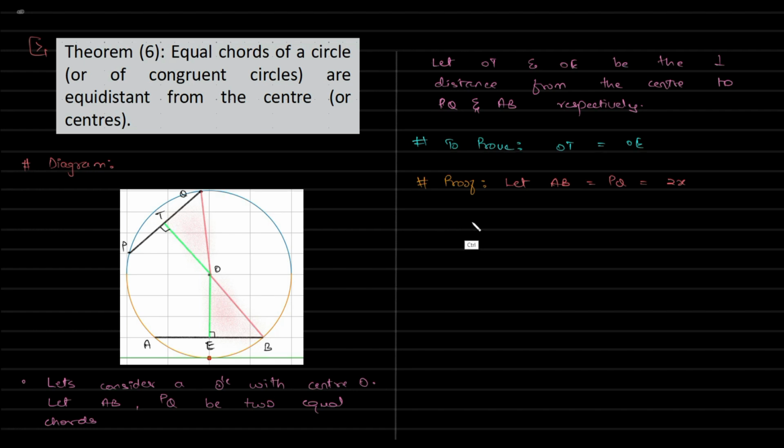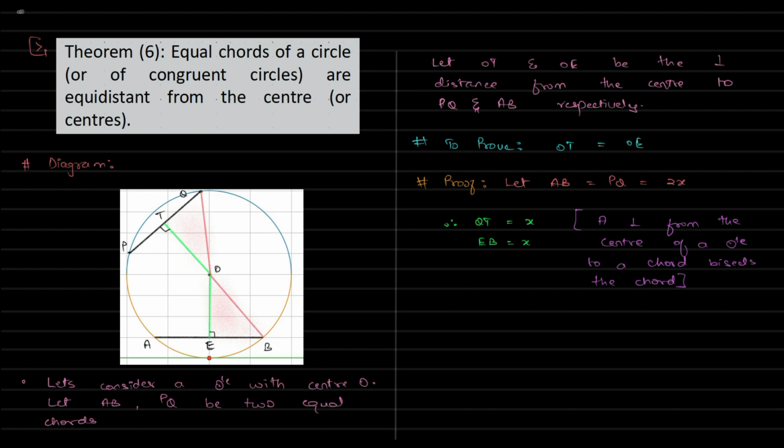Therefore QT will be equal to x and EB will also be equal to x. Why is it so? The reason is quite simple, because a perpendicular from the center of a circle to a chord bisects the chord.